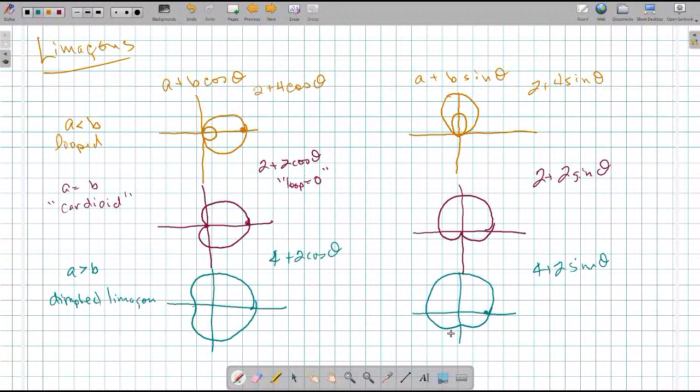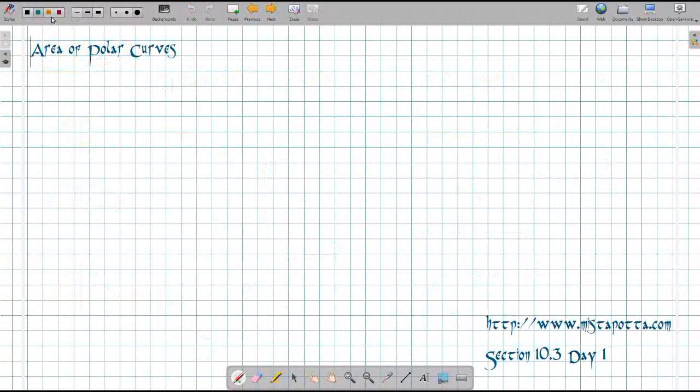Now, the reason that we're making these big points about these polar graphs is because the main focus of it in our calculus is to find the area of polar curves. And so when we're finding the area of polar curves, what's important to realize is it's not like it was for Riemann sums.